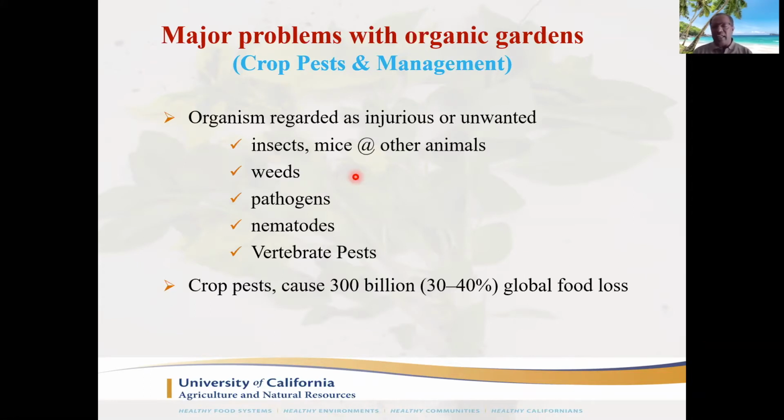When you total all those losses because of the damage, it is said that there are about 300 billion, or 30 to 40%, global food loss because of those pests. So they are not our friends because they interfere with our interests of feeding the society.